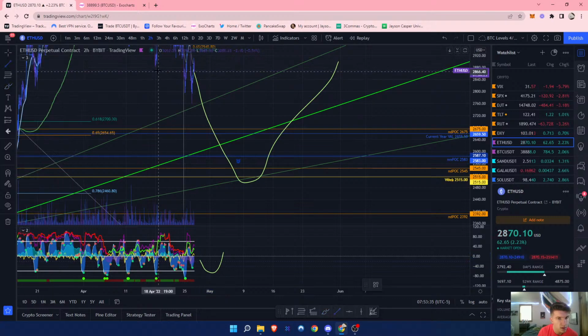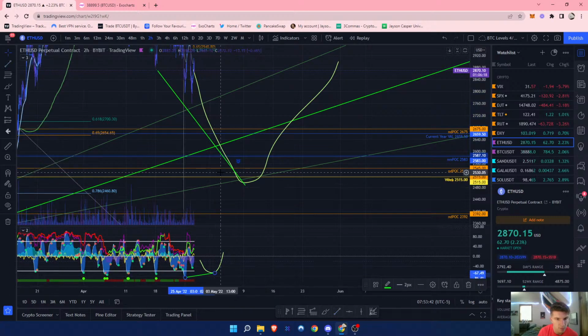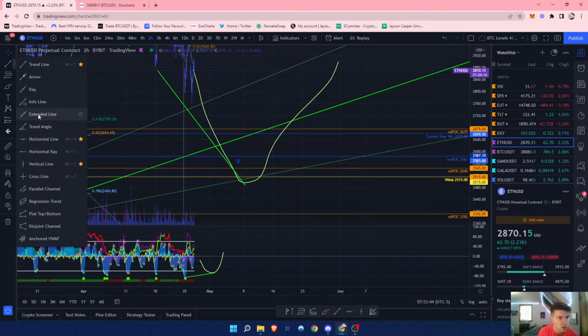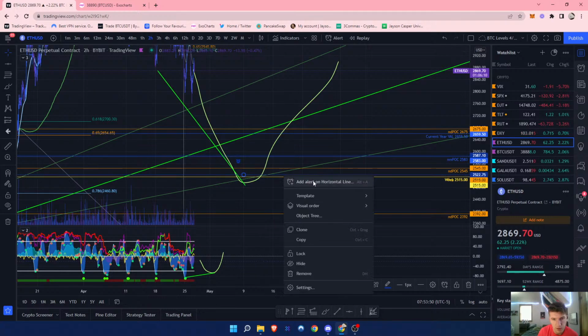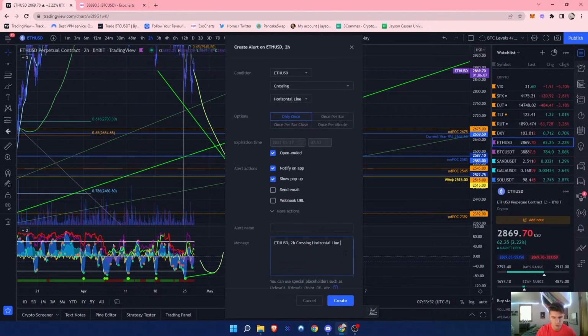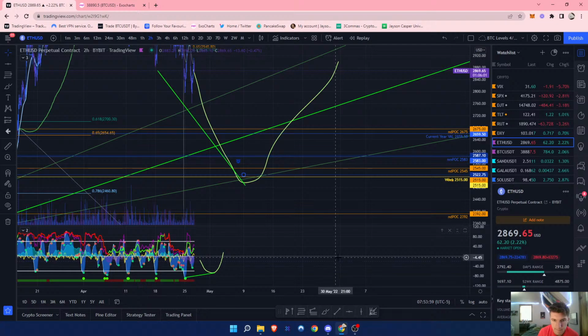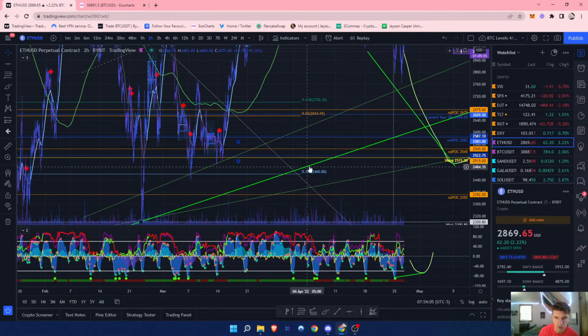Where we get that price making lower lows. And then we got our momentum coming up. So this might be a little bit of a longer range for a stop loss, because we have this 786 right here, and this is a low of this liquidity.